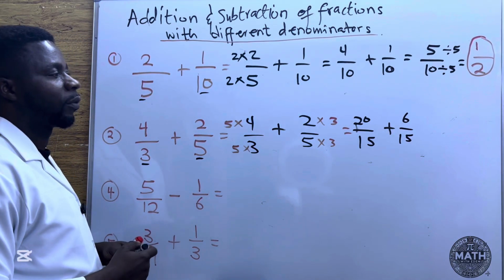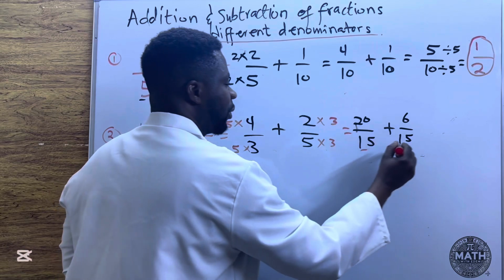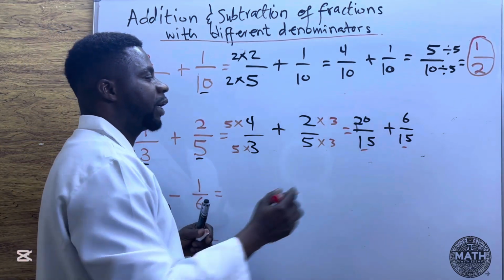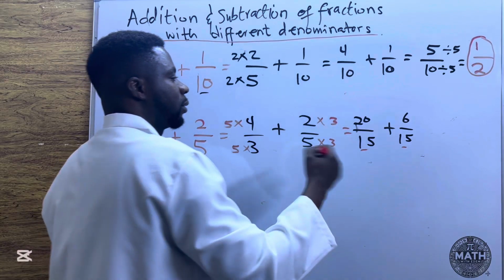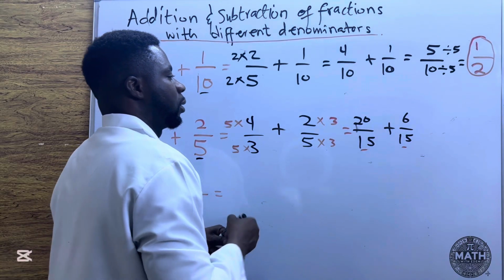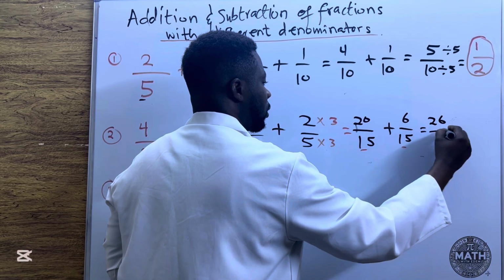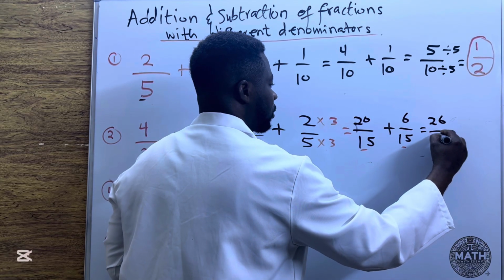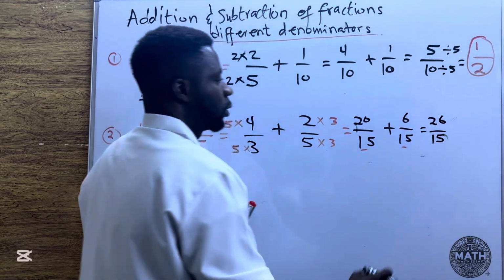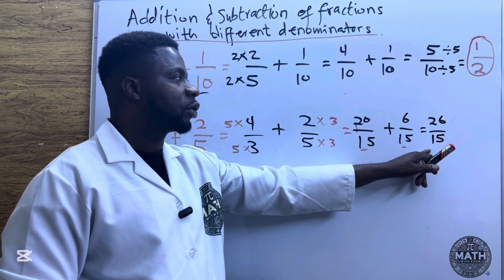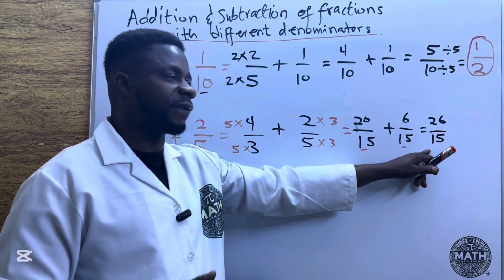Now, having the same denominators, it is easy to what? Add. So we are adding only the numerators. So 20 plus 6 gives us 26 over 15. So this is an improper fraction, so we need to convert it to a mixed fraction.